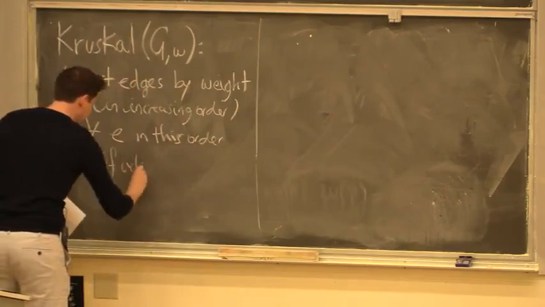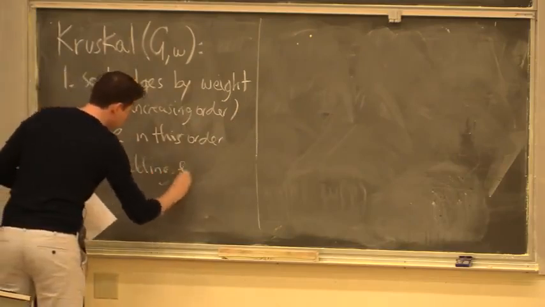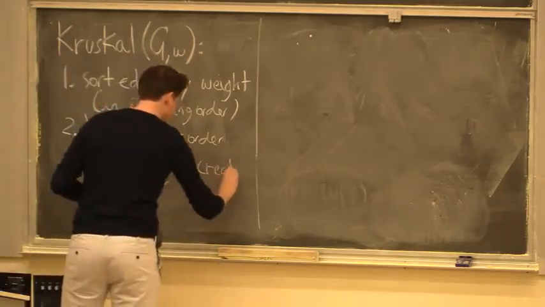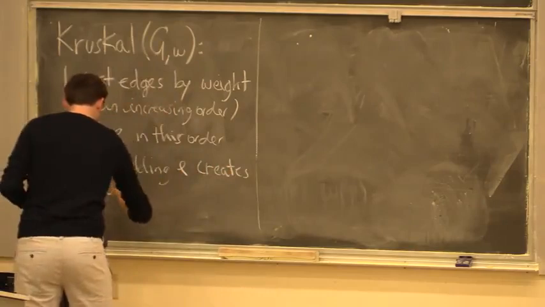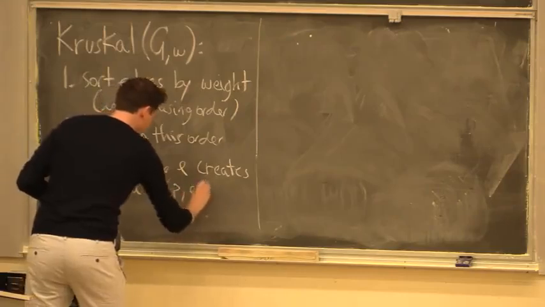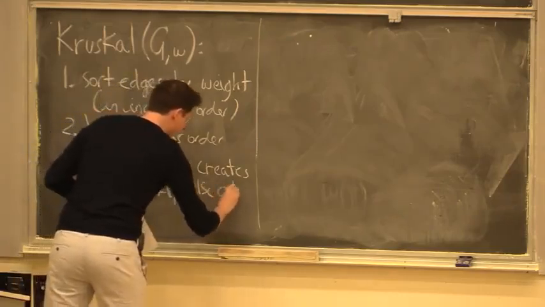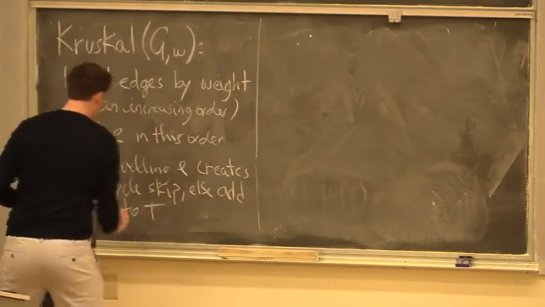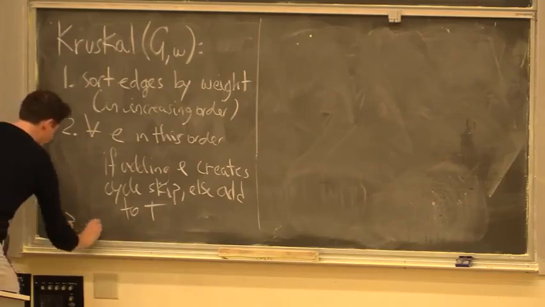If adding E creates a cycle, skip it, else add E to the tree T, and at the end you just output whatever tree you have.